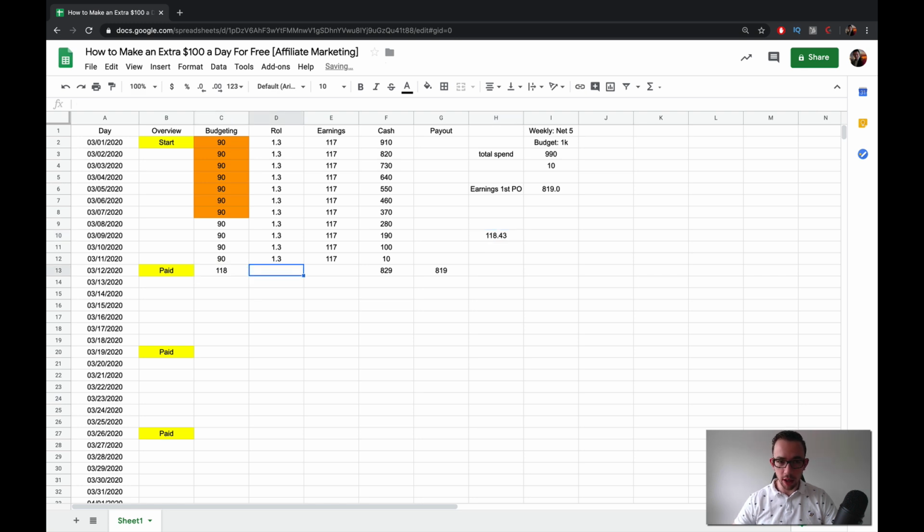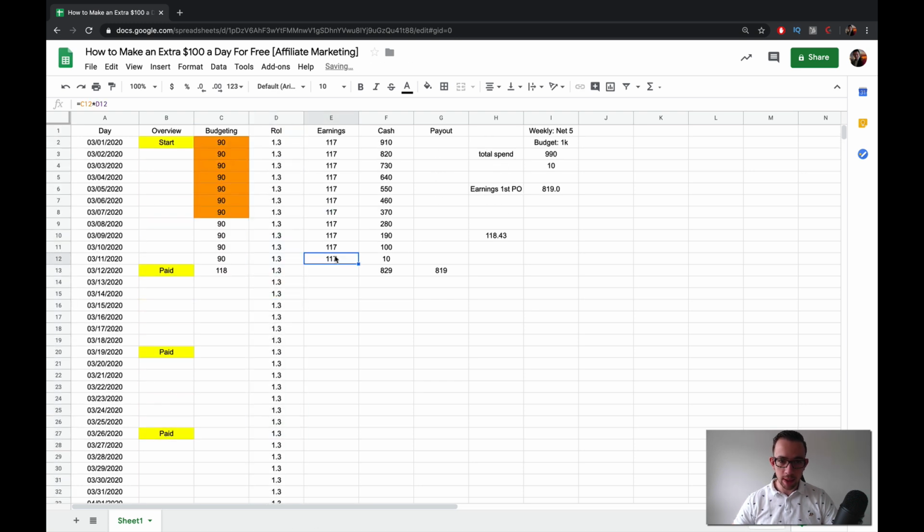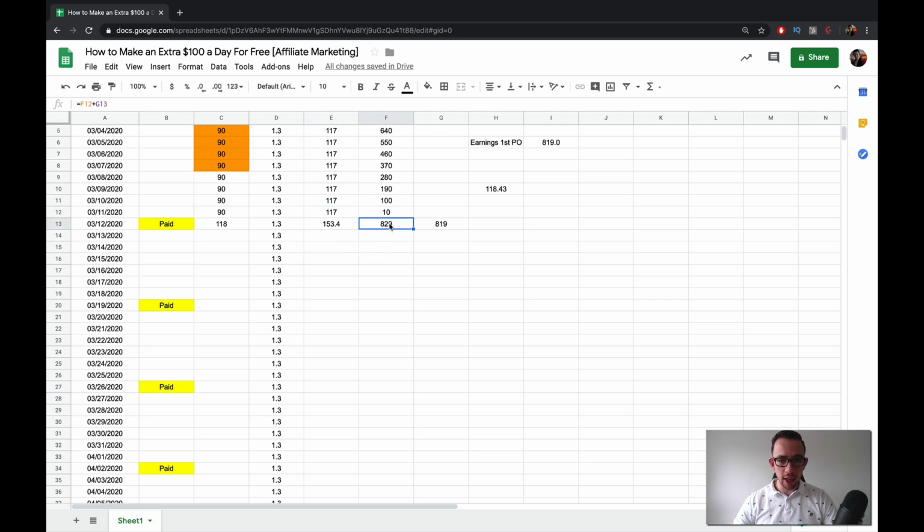So we will spend 118. This will be stable throughout. And then the earnings will change to 153 instead of 17, right? The cash in this scenario would be like this. And then here minus 118.